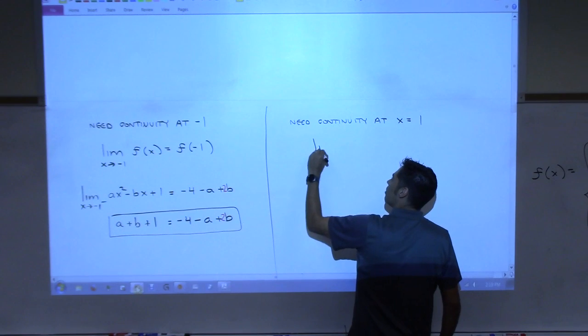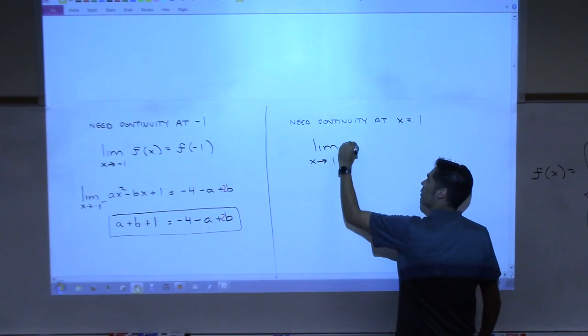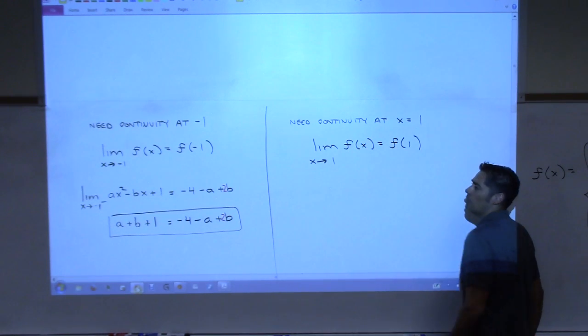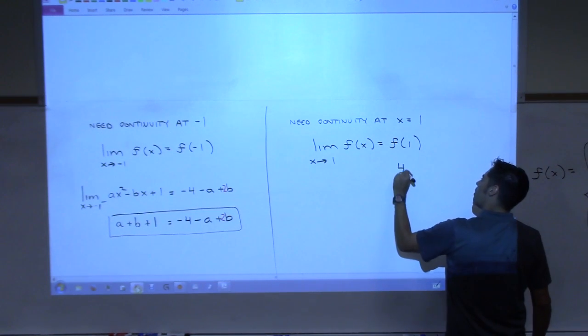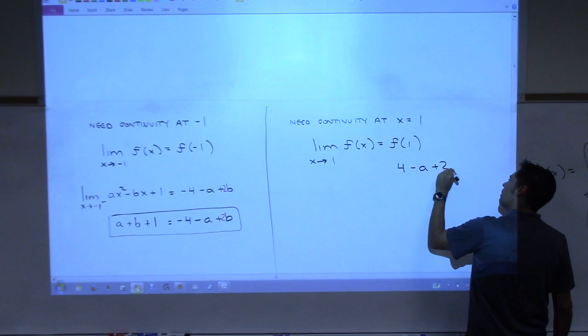Let's walk over to this. I need this to happen too, right? I need that as I approach 1 on the function, I'm equal to f of 1, right? What is f of 1? We're here in this one. Plug 1 in, and what do you get? 4 minus a plus 2b.